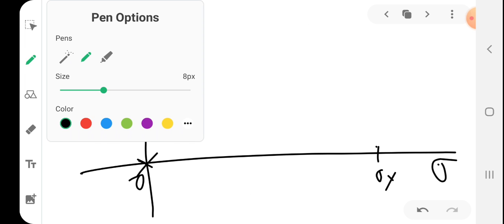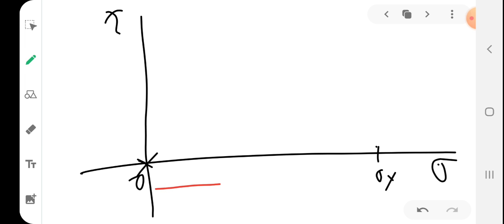So what will be this length? This length will be equal to sigma x, right?